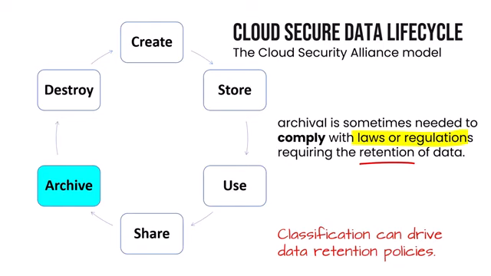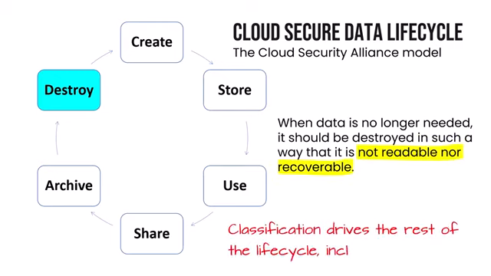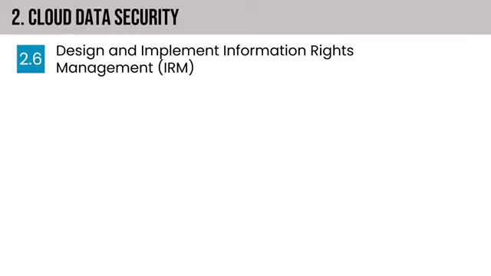And when data is no longer needed, it should be destroyed in a way that it is not readable nor is it recoverable. But classification really drives the rest of the life cycle if you look at it from this perspective, including destruction. And that brings us to section 2.6, Design and Implement Information Rights Management.